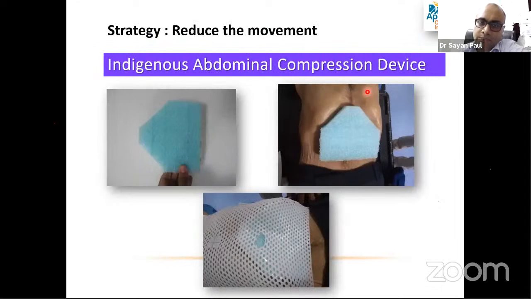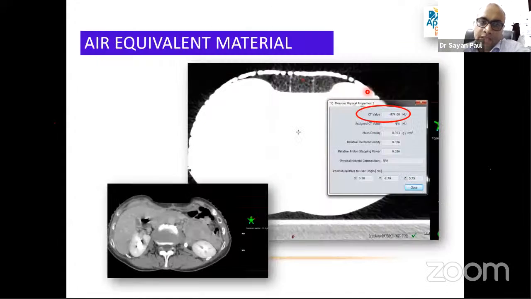This is the indigenous abdominal compression device we have developed in our center at Apollo Hospital, Hyderabad. It is nothing but a packing material. We have cut it like this, and we place it under the diaphragm, and over that we place the outfit. So it compresses the abdomen, and we have checked that this is an air equivalent material.